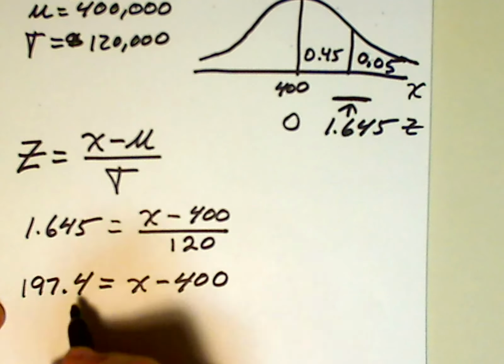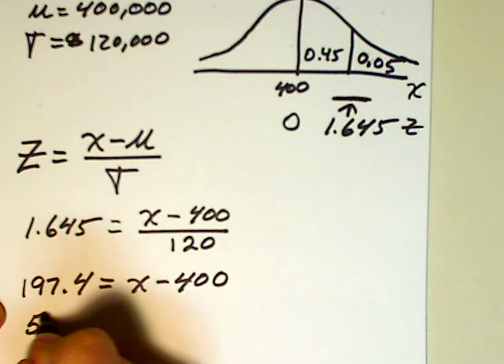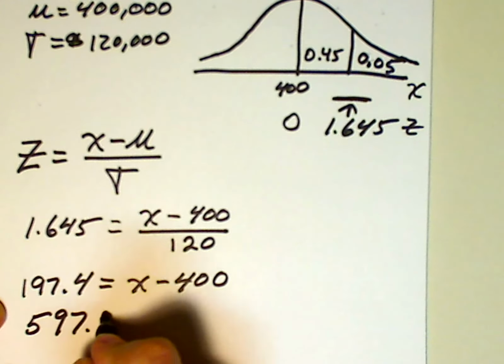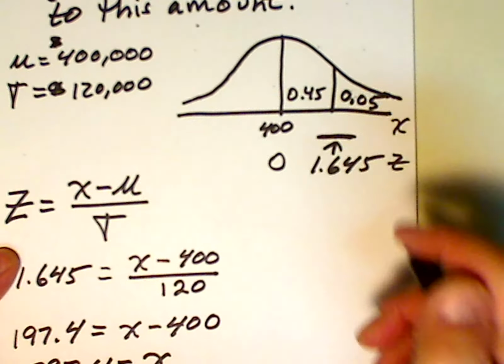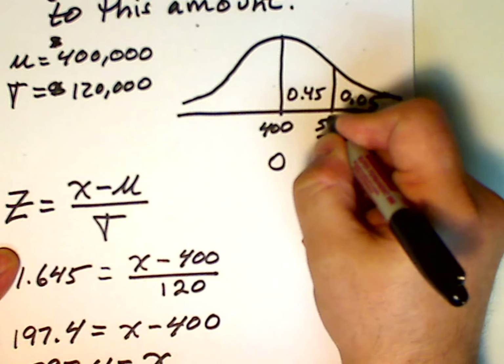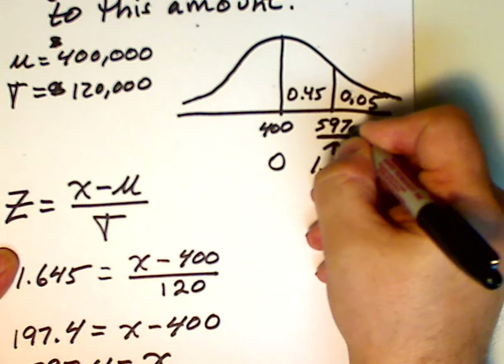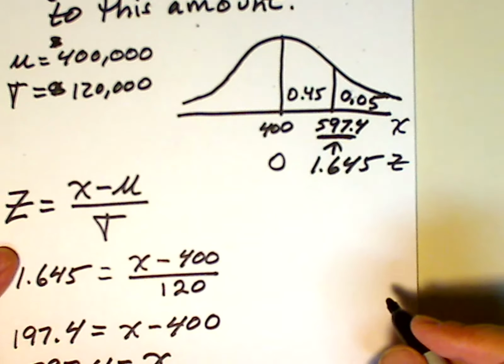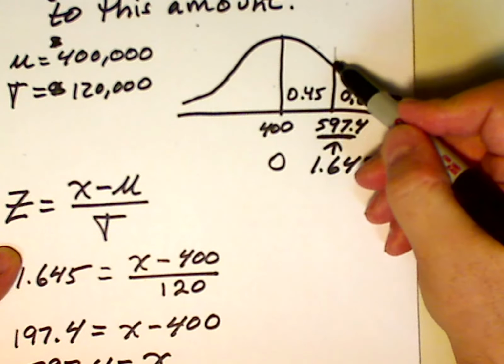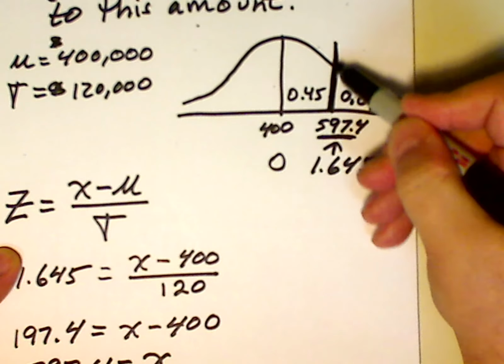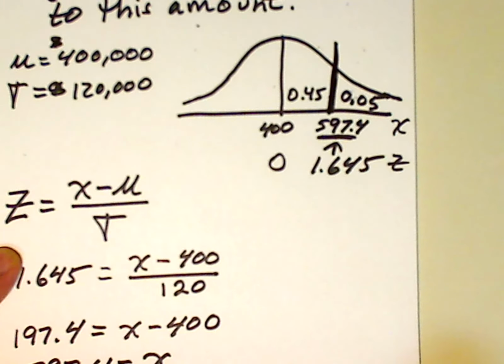We're going to add 400 to each side, which gives us 597.4 is equal to x. Well, that's what it turns out to be. 597.4 is the x value associated with this cutoff point.